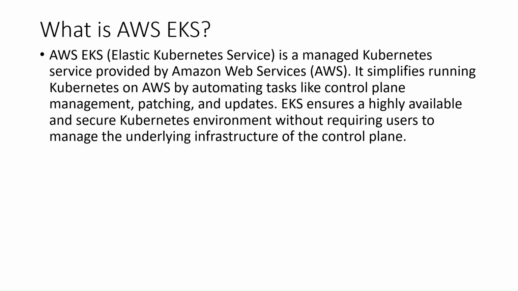Whatever application we deploy inside the Kubernetes service is highly available to the end users, without any downtime, and it also provides more security, without requiring the user to manage the underlying infrastructure of the control plane. So you don't need to manage each and everything.